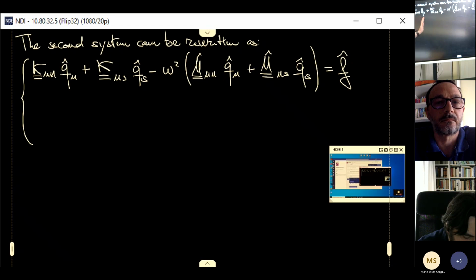So this is just the first row of the previous matrix equation. Okay? I've just written it in a plain way.